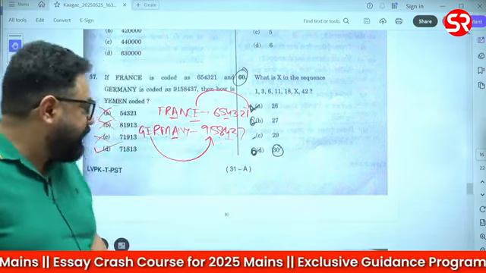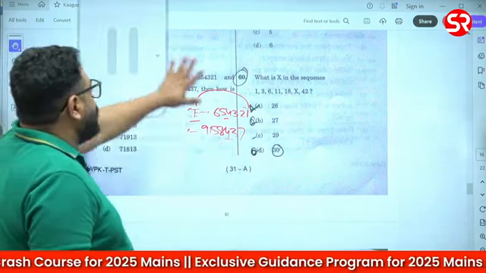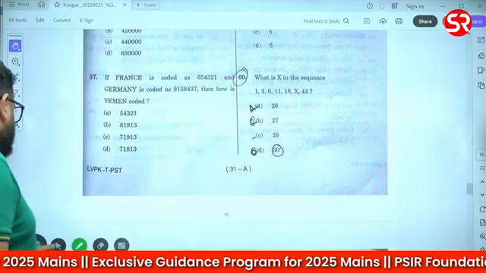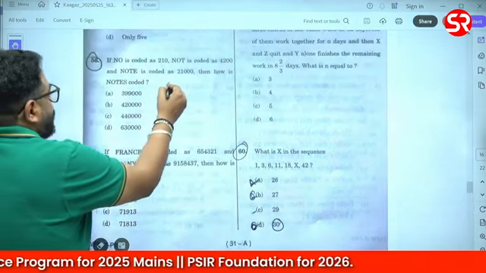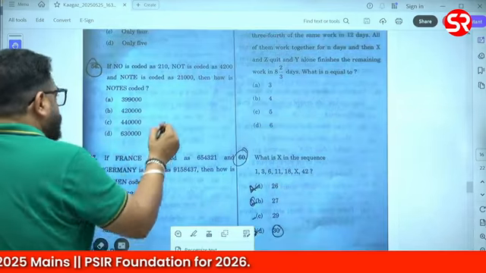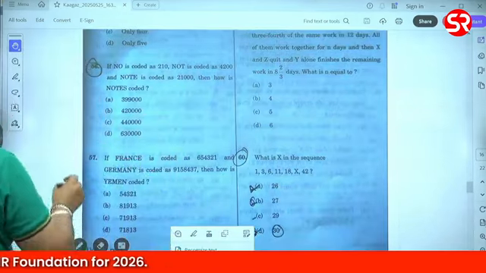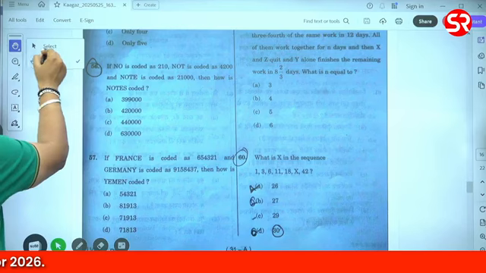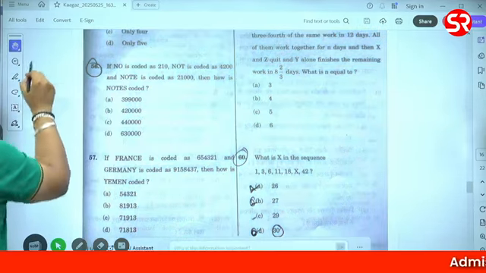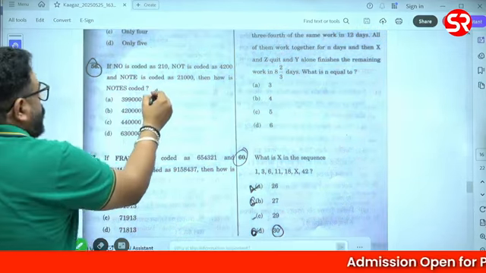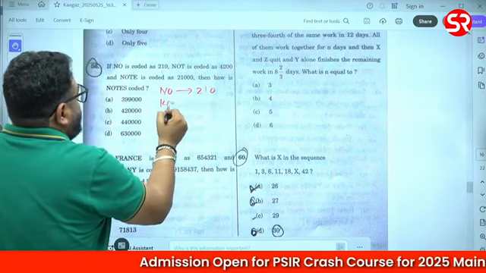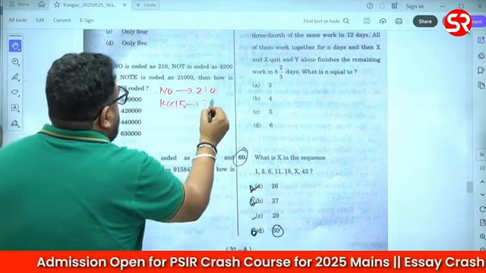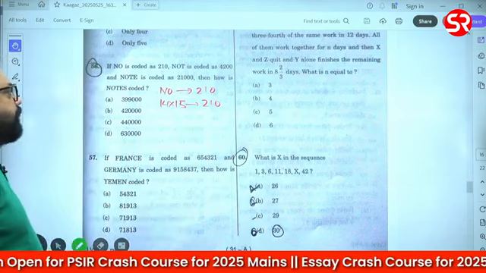So number series and coding was actually easy, but most of you got muddled with this number system. Just a minute guys. NO is 2 10, which is 14, right? Code of N is 14, O is 15.